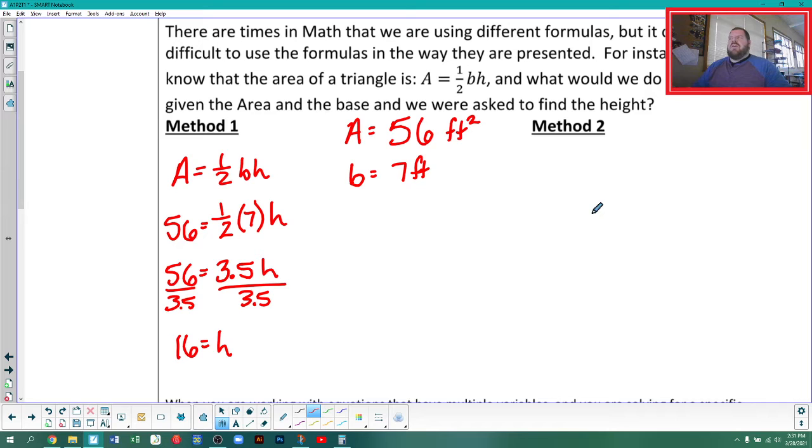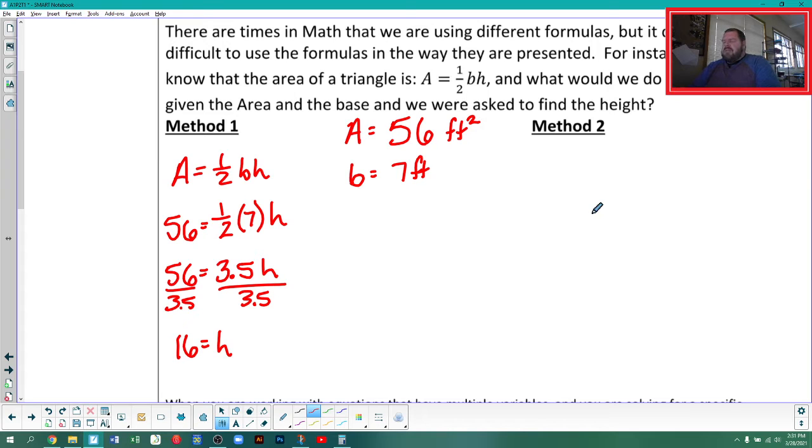And there is another method, and the reason I talk about this other method is, what if I had a bunch of different triangles and I knew their areas and I knew their bases, and I wanted to find the heights of all these different triangles? This is kind of a complex process of solving an equation.